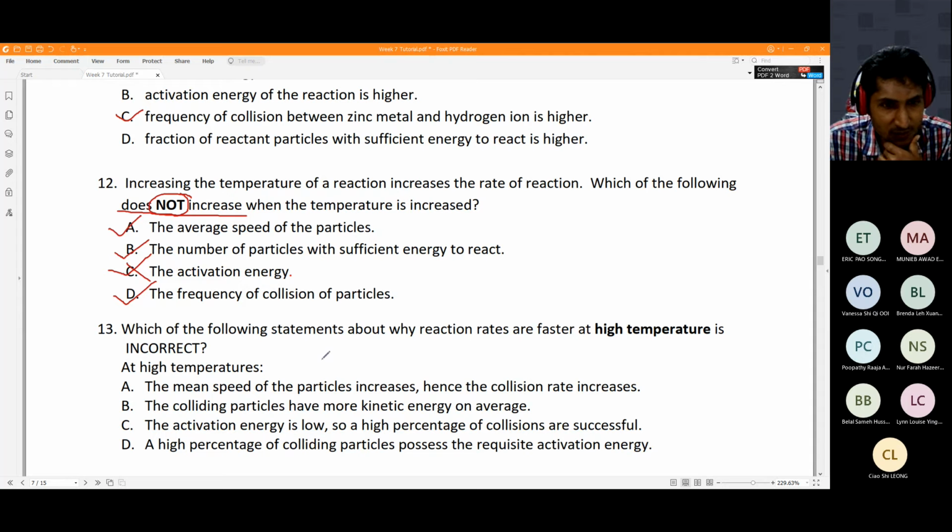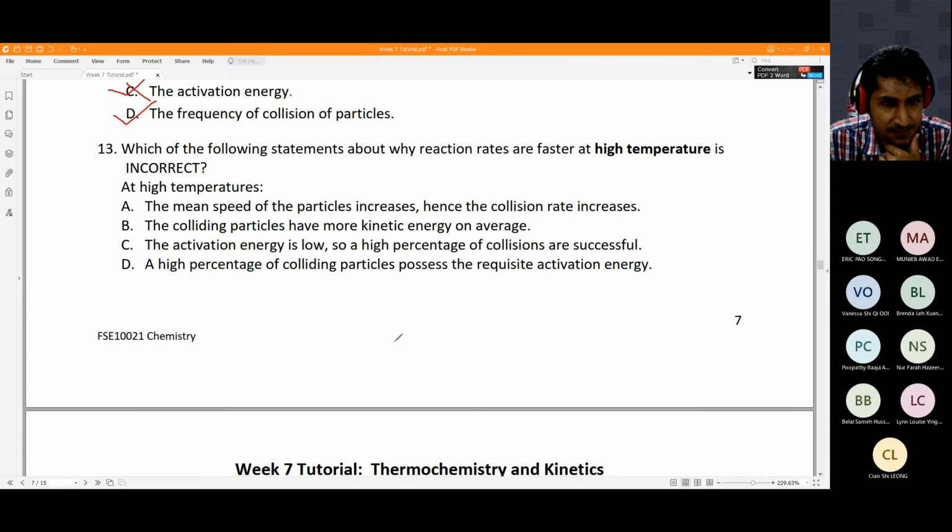Question number 13 says, which of the following statements about why reaction rates are faster at high temperature is incorrect? Once again, which is incorrect. The mean speed of the particles increases, hence the collision rate increases. This is correct, because with high speed, of course, they will go here and there and collide with each other more frequently.